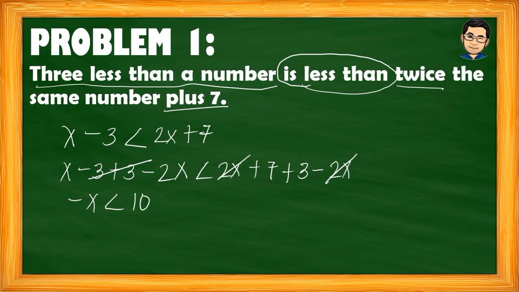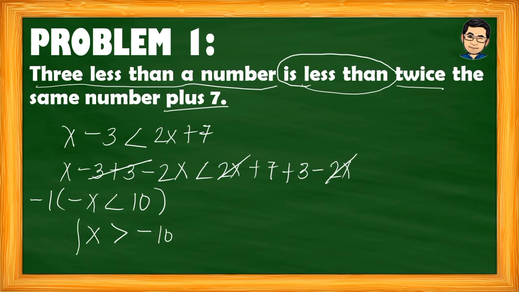And then we will multiply both sides by negative 1. Why do we need to multiply both sides by negative 1? It's because the numerical coefficient of x is negative 1. It needs to be positive. So negative 1 times negative x is x. And then the less than becomes greater than. And negative 1 times 10 is negative 10.